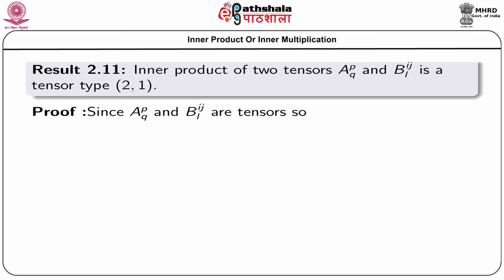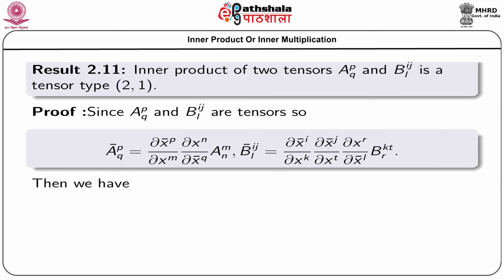Since A^{PQ} and B_{IJ}^{L} are components of tensors, they follow the transformation rule of tensor quantities. That means A bar PQ equals del x bar P del x m del x n del x bar Q A^{mn}. This is the transformation rule for A^{PQ}, and B bar IJL can be written as del x bar I del x k del x bar j del x t del x r del x bar L B^{ktr}. So, this is the transformation rule for a 2-1 tensor.